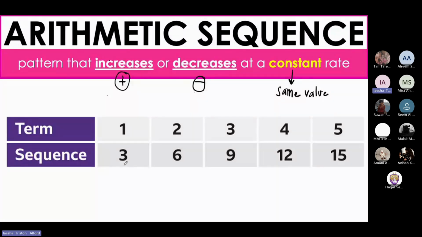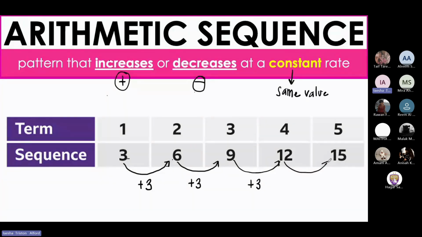So for this sequence here, how do we get from 3 to 6? Add 3. How do we get from 6 to 9? Add 3. From 9 to 12? Add 3.